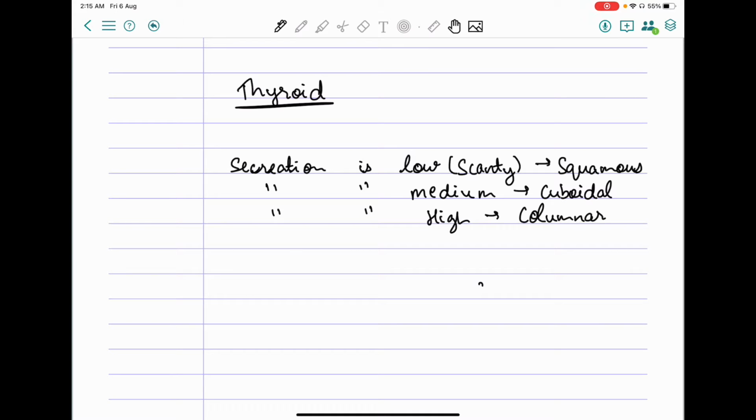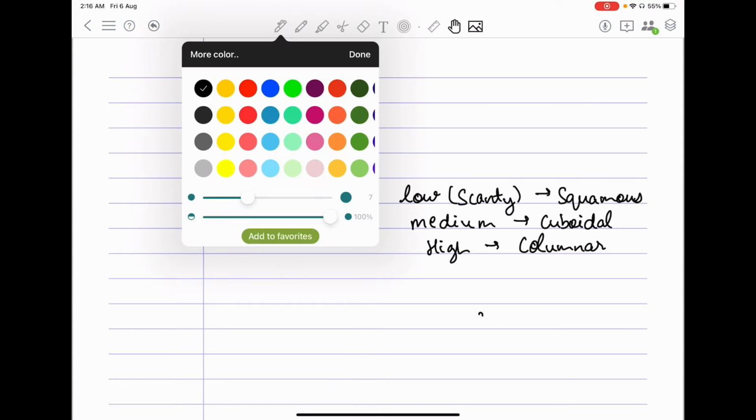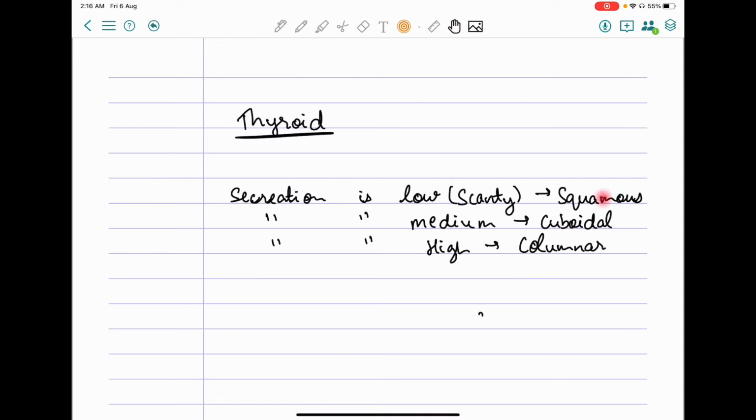Did you understand that in thyroid, squamous can be present, cuboidal can be present, and columnar can also be present? When thyroid secretion is low or scanty, squamous is present. When it is medium, cuboidal. And when thyroid secretion is high, columnar. So the thyroid follicle lining depends on the amount of thyroxine secretion.